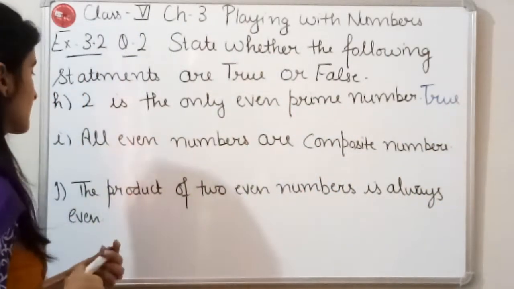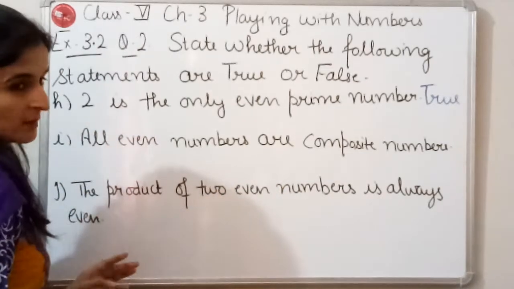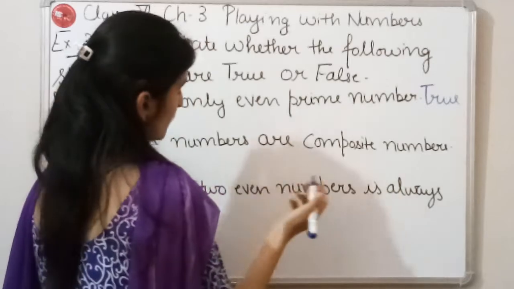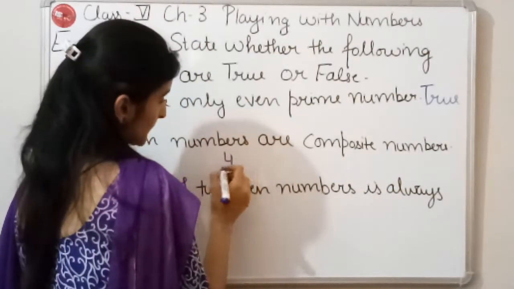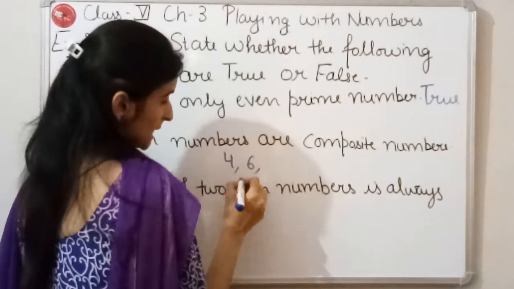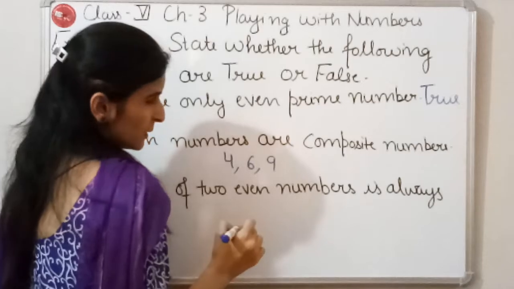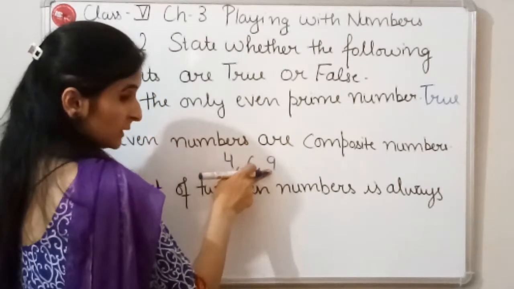Now the next statement is, all even numbers are composite numbers. Is it true? Let us check some of the composite numbers. Composite numbers are 4, then 6, after that 9. But is 9 an even number?